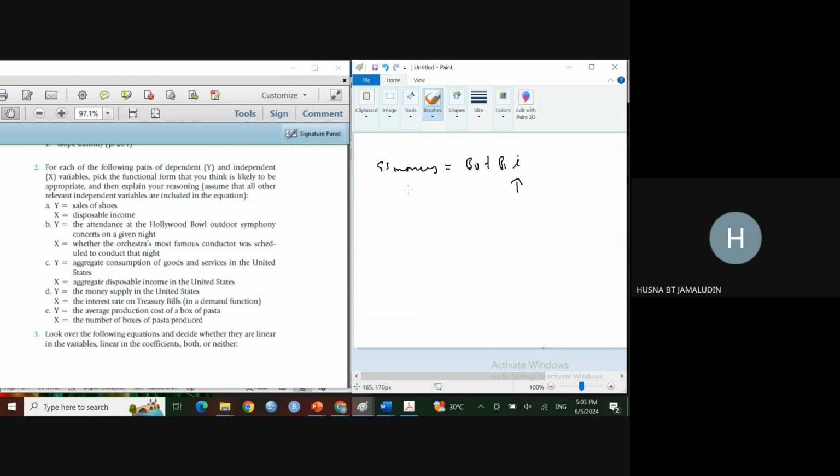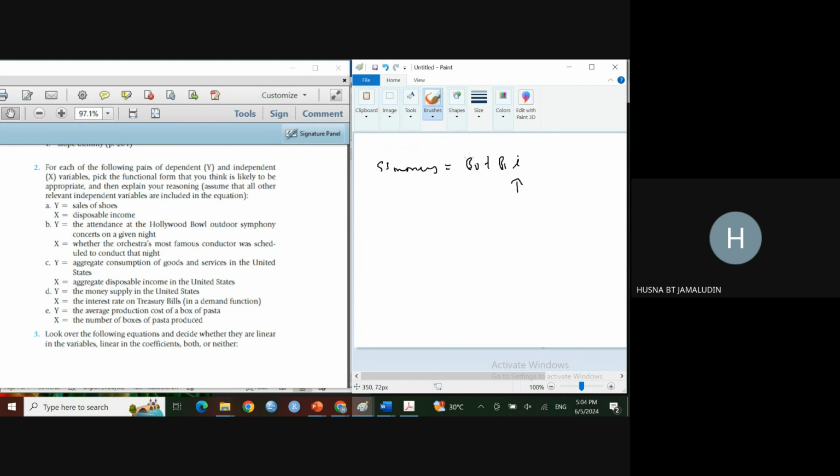Will you supply more? I have to check the relationship between these two variables because this is macroeconomics, so I don't remember the relationship, but in this case we are talking about the functional form, right?